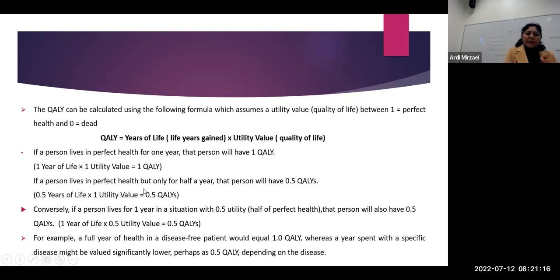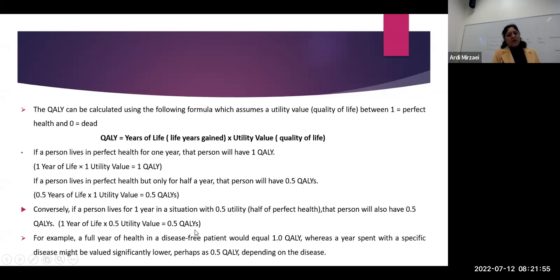If a person lives in perfect health, so utility value is 1, but he lives only for half a year in perfect health, so 0.5 years of life into 1, the QALY is 0.5. Conversely, if a person lives for 1 year in a situation with 0.5 utility, that means he's living for 1 year with half of perfect health, then it is 1 year of life into 0.5 utility value.